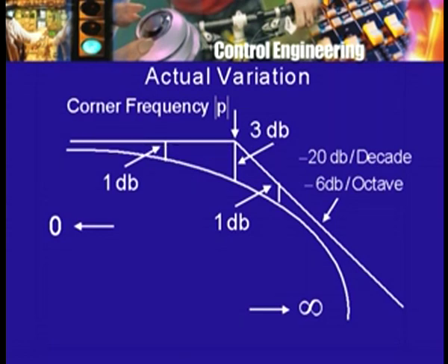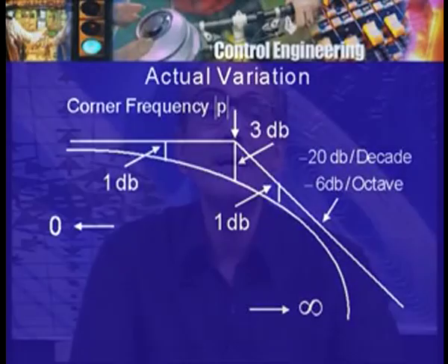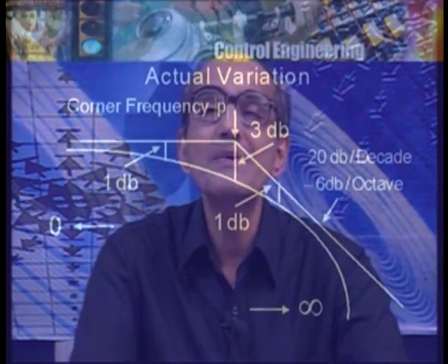The high frequency asymptote will now be sloping downwards, and the downward slope is shown as minus 20 dB per decade or minus 6 dB per octave. For every increase in frequency by a factor of 10, there will be a reduction in gain by 20 dB.